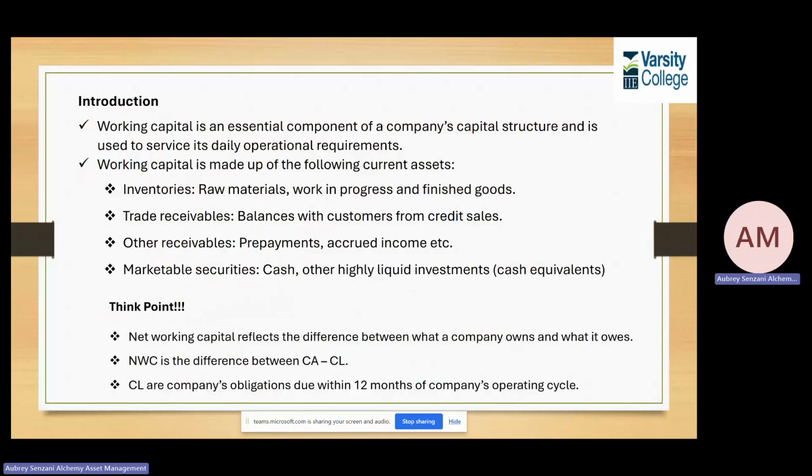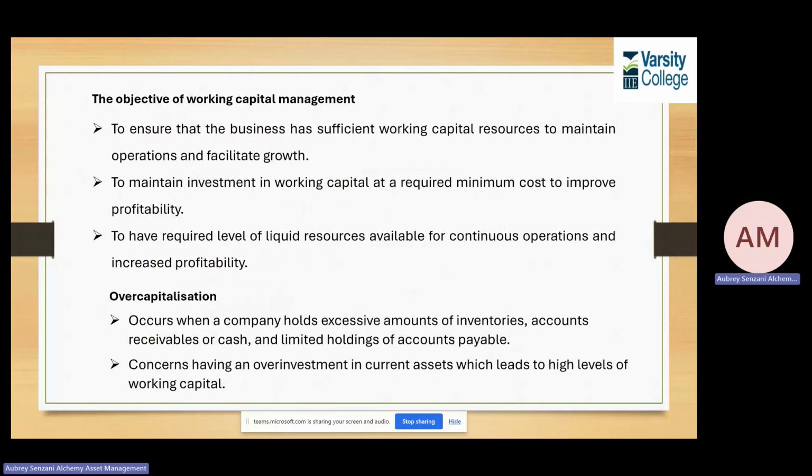Right? So net working capital reflects the difference between what a company owns and what it owes, in terms of current assets and current liabilities. Current liabilities are a company's obligations due within 12 months of its operating cycle. So nothing really new on that slide.